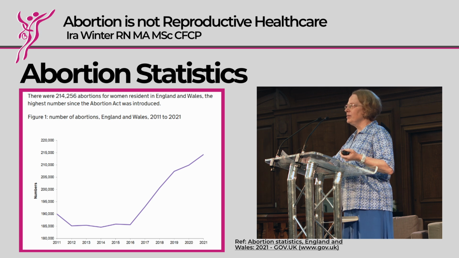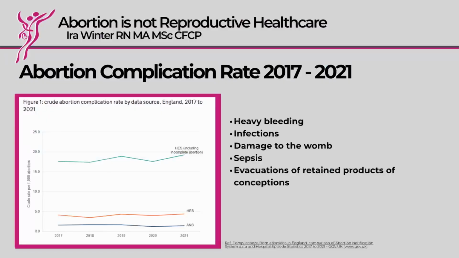The NHS monitors complications after abortion. It uses two processes for this. First of all, the abortion notification system. This is compiled by those who actually carry out the abortion and is limited to the data that they can capture. Because that is limited, the NHS uses additional data from the hospital episode statistics.